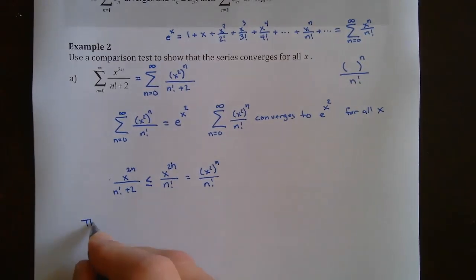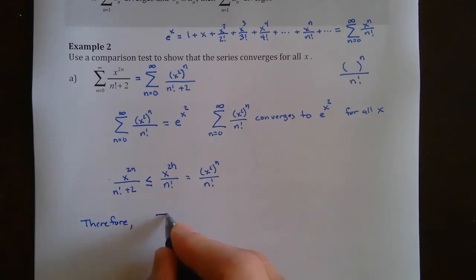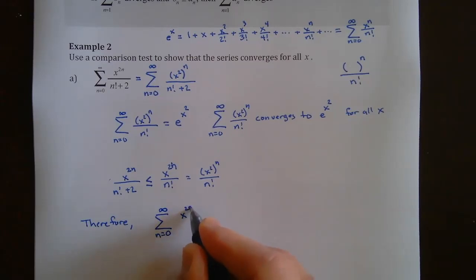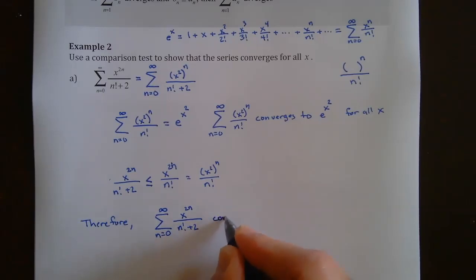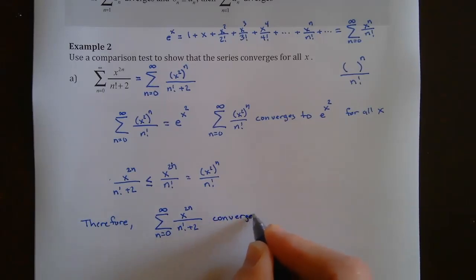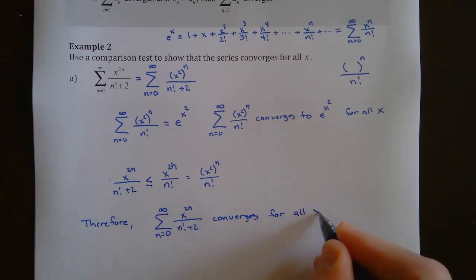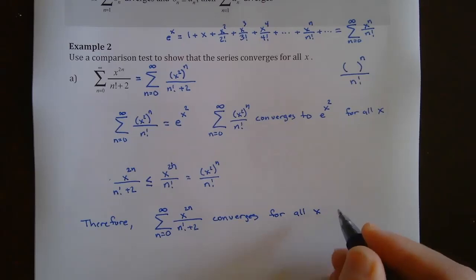So therefore, we've got it. Henceforth, I always like to say that, henceforth, or therefore, sigma n equals 0 to infinity of x to the 2n over n factorial plus 2 converges for all x, and then we have to state the test that we're using, and we're using the direct comparison test.